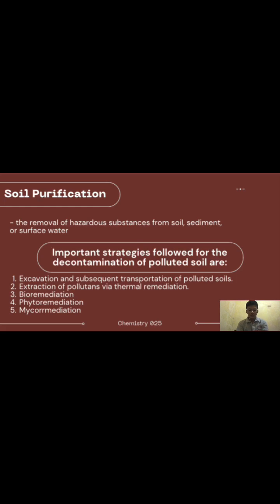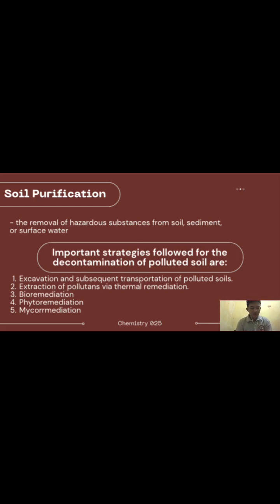Excavation and subsequent transportation of polluted soils to remote uninhabited locations. Extraction of pollutants via thermal remediation. The temperature is raised in order to force the contaminants into the vapor phase, after which they can be collected through vapor extraction.